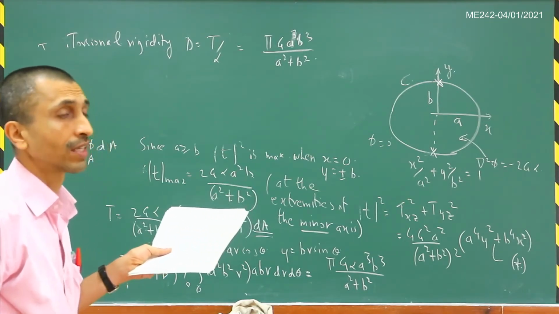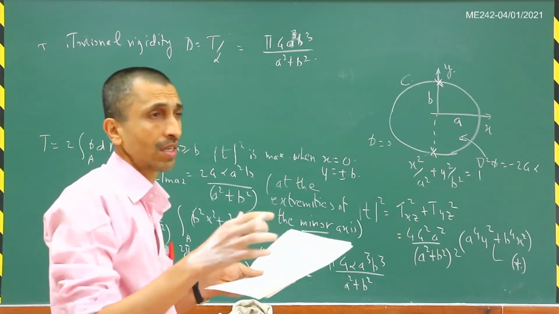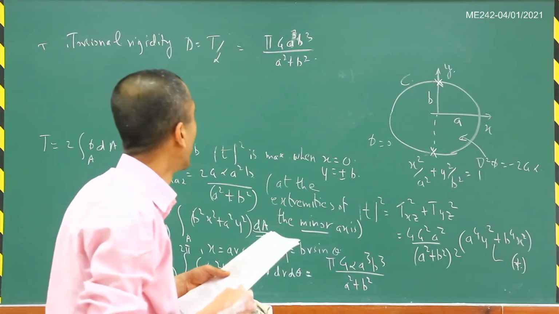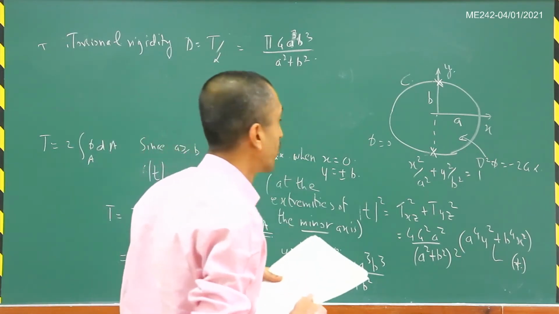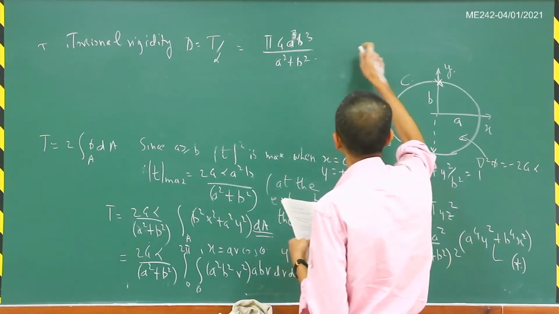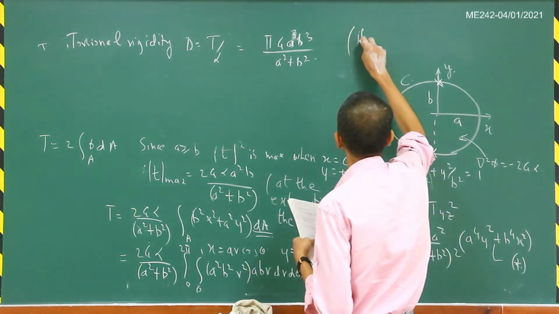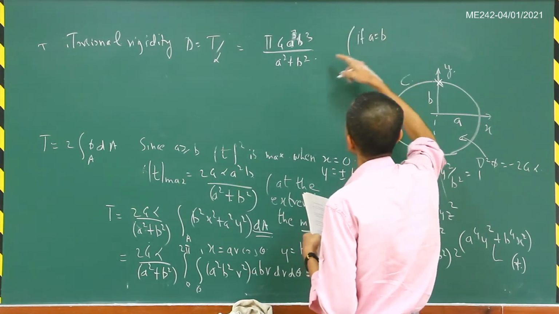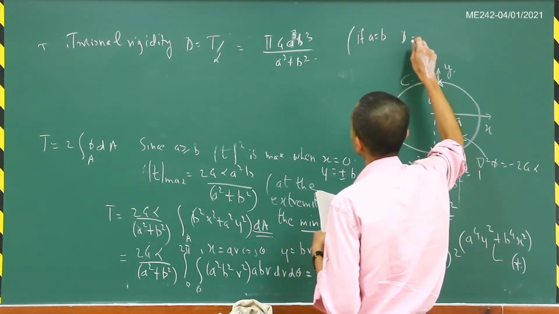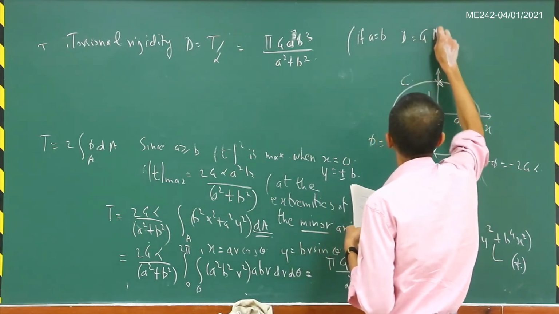This is a check that you should always carry out, because there could be some calculation error that you may have made, and that will come out if you carry out this particular check. So if a is equal to b, then you will get that D is equal to G times pi.